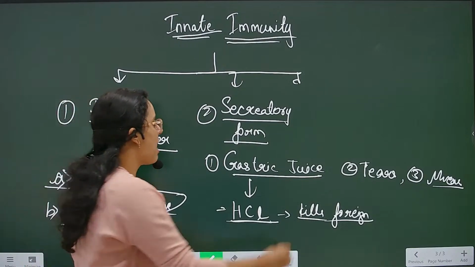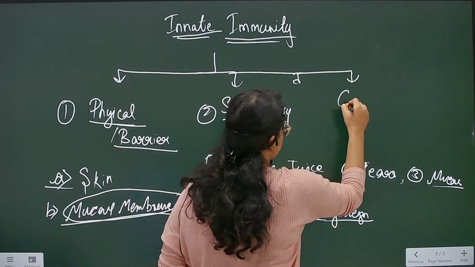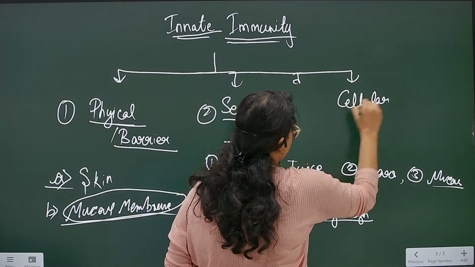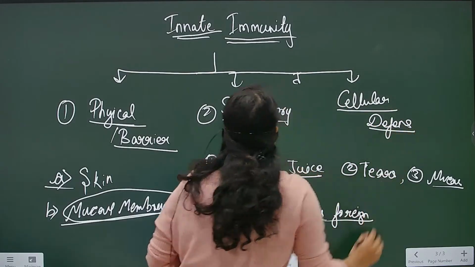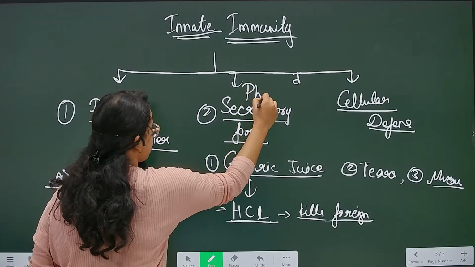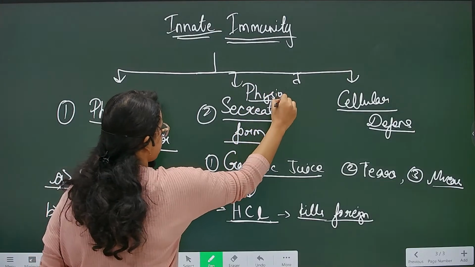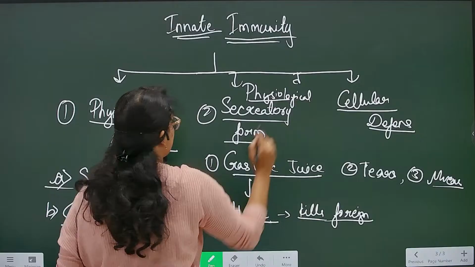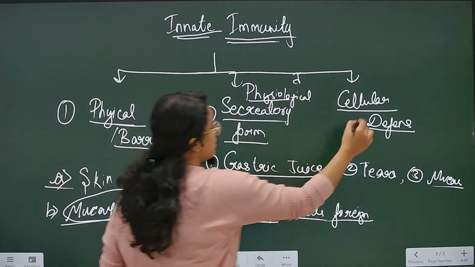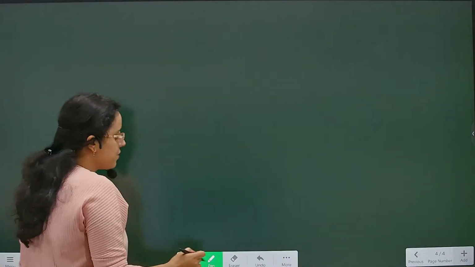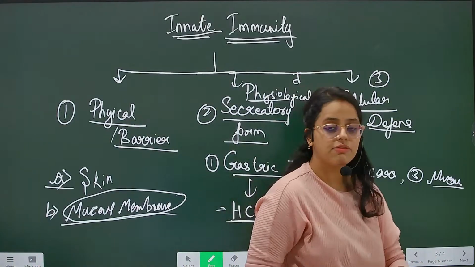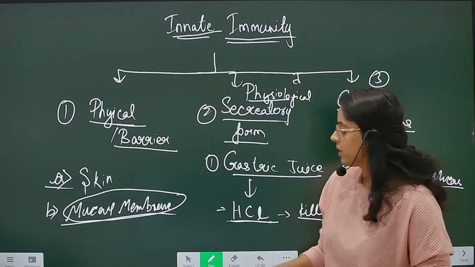Now we are having cellular defense. The secretory form is also called physiological defense, and the third one we are discussing is cellular defense. First we learnt about physical defense, which consists of skin and mucous membrane.